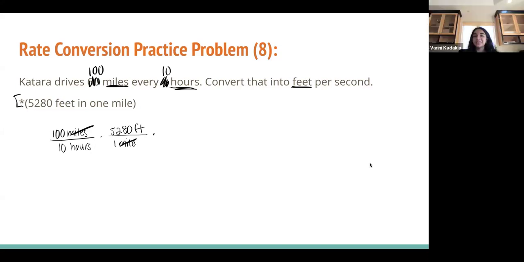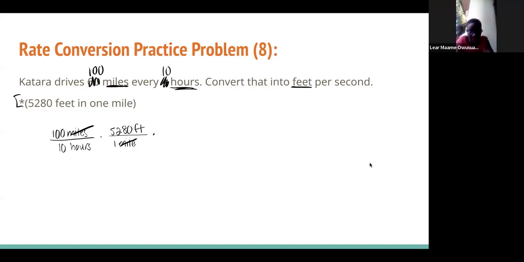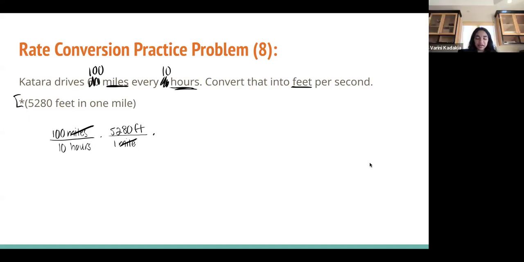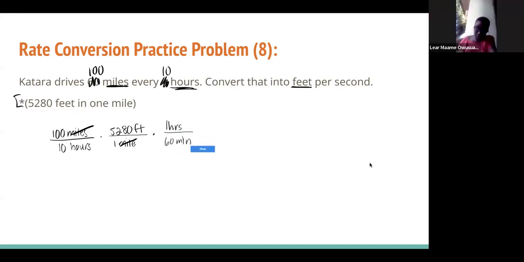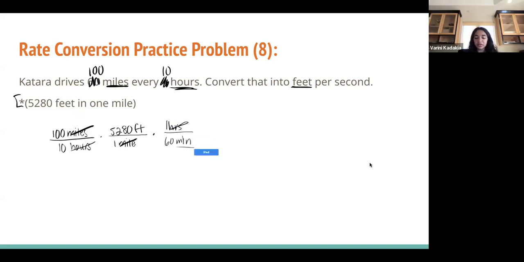Come on, guess, guys. You have a 50-50 chance of getting it. Hours over minutes. Yes, it's hours over minutes. You guys know why? You can cancel the hours, and now you're left with minutes.